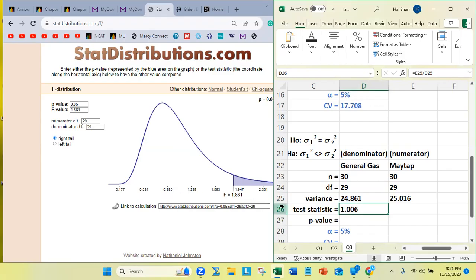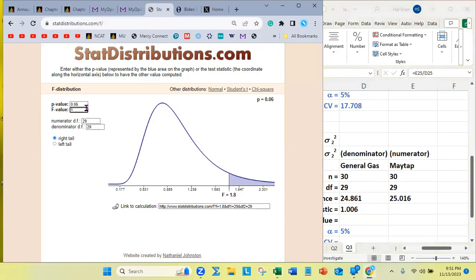So because this is bigger than 1, we need the right tail of the distribution. Okay, so the test statistic here is 1.006, right?